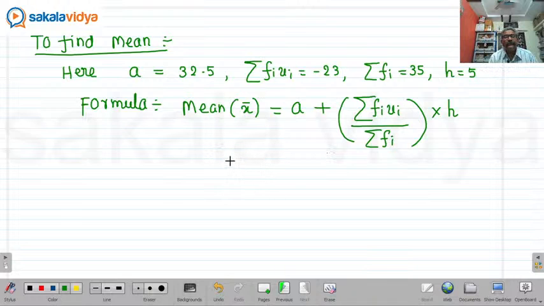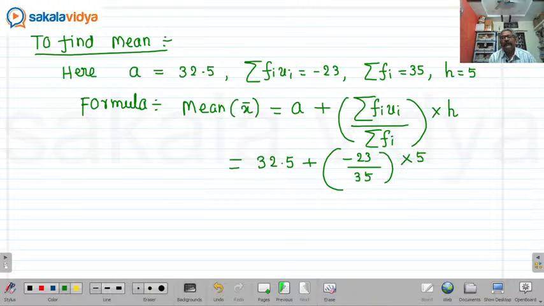So this equals 32.5 plus minus 23 upon 35 multiplied by 5. So 5 ones are 5, 5 sevens are 35. This will be 32.5 plus minus 23 upon 7. So now we need to divide 23 upon 7.